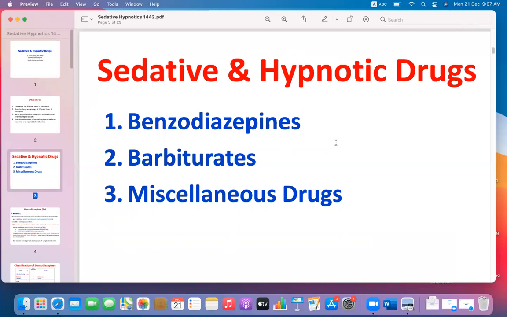Barbiturates have somewhat more adverse effects as compared to benzodiazepines, which we will see in the next slides. The third category is miscellaneous drugs. These are not in the category of benzodiazepines and barbiturates, but show pharmacological activity as sedatives and hypnotics.